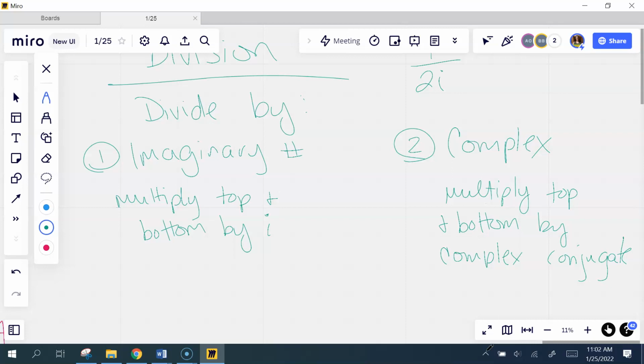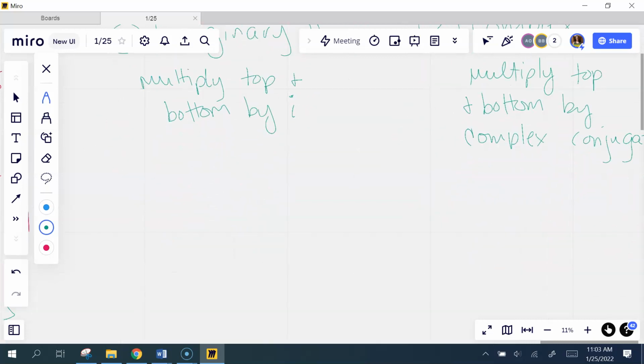If you look on the very, very back of your sheet, 13, 14, 15, and 16 are all divided. It's okay to have an i up top. It's just not okay to have it in the bottom. 13, 14, 15, and 16 are all dividing by imaginaries. So for every one of those, all I'm doing is multiplying by an i on the top and the bottom.